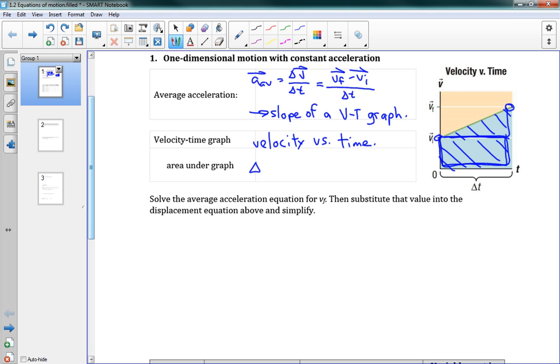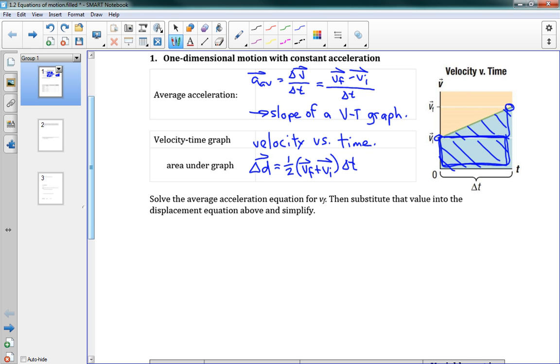The displacement, by taking the area under that graph, is equal to 1/2 of vf plus vi times delta t. So basically we're taking the average of these two values and creating a graph that looks like this, and then finding the area under that graph. That gives us the area.